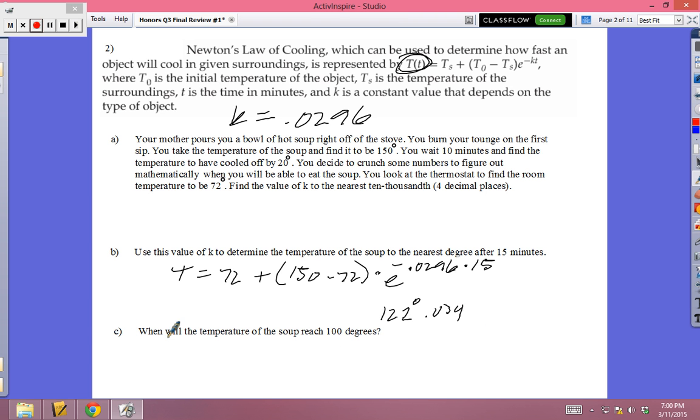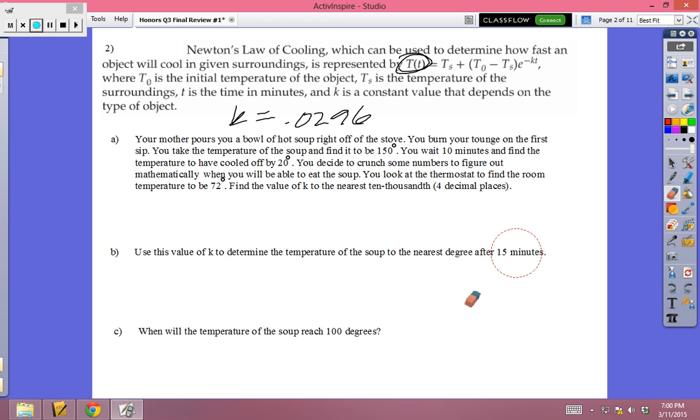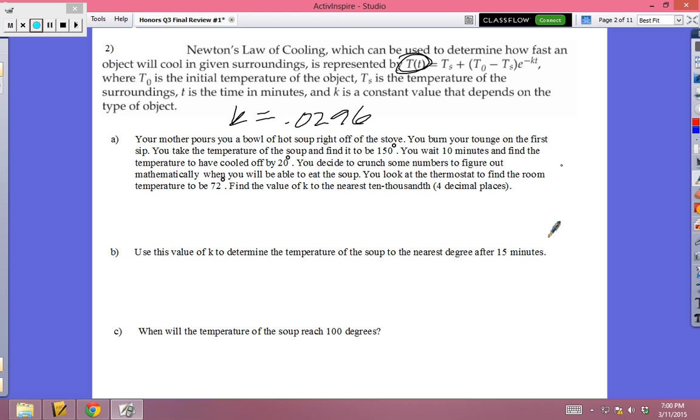So now C is going to be a little bit harder because C wants us to calculate the time. How much time passes before it cools down to 100 degrees? So time is going to be up in the exponent, and the only way you can solve for a variable if it's in the exponent is through a logarithm. That's the only way to undo the base.